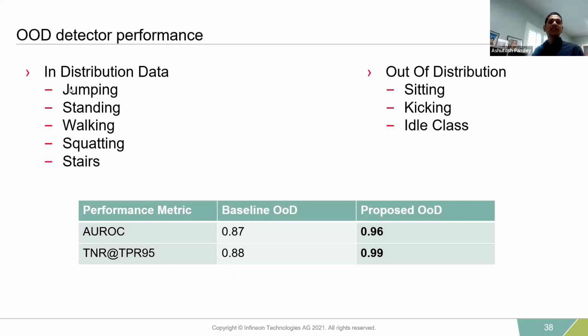The training data set actually comes out of, I believe, for these activities, about 15 minutes or so. The out of distribution was about 10 users, different users in different conditions, different altitudes and things like that.